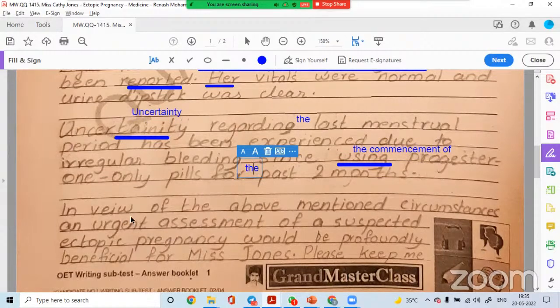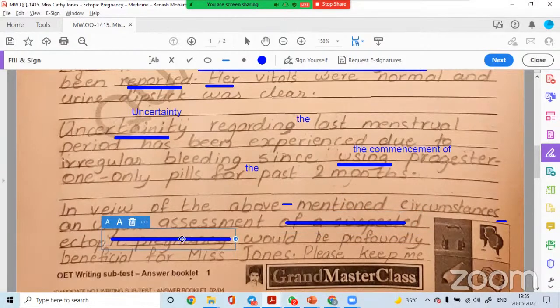Okay, in view of the above mentioned, there should be a hyphen here, in between these two things. In view of the above mentioned circumstances, a comma should be there. An urgent assessment of a suspected, no need for this. Why do you need to say ectopic pregnancy again? Already you told.